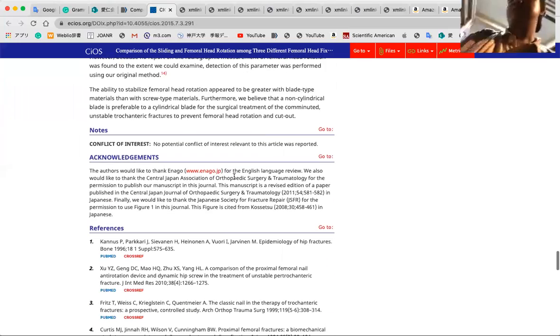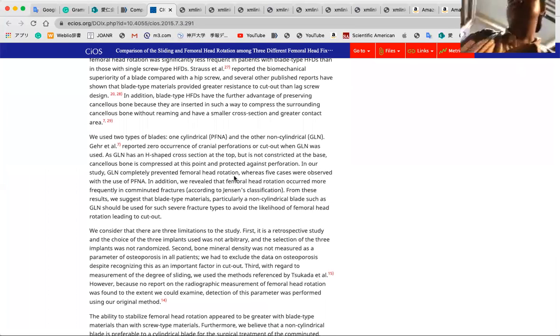So we conclude that the gliding nail is the best fixation device that can prevent the rotation and the subsequent cutout, but it can allow the sliding. Allowing the sliding means it can induce bone impaction between the fragments, which can accelerate bone healing.